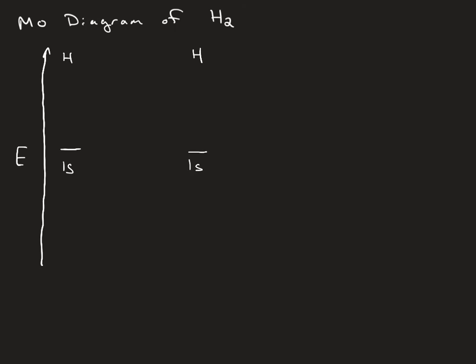What these energies signify are ionization energies. So these would be the ionization energies of the hydrogen 1s electron. And what we do is we combine these together.